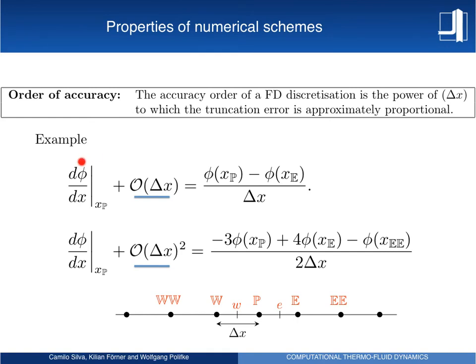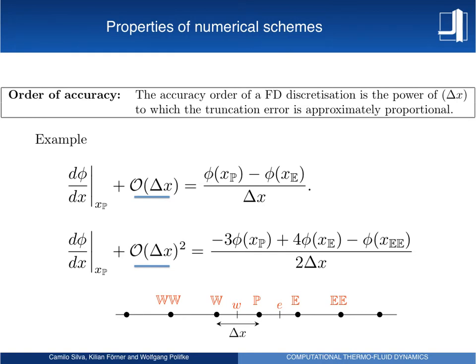We have two orders of accuracy. This is first order accurate, this is second order accurate. This is the one we just derived, and this is something that you might have already seen before in another class, which is very basic, just considering two different nodes. So what does the order of accuracy mean?